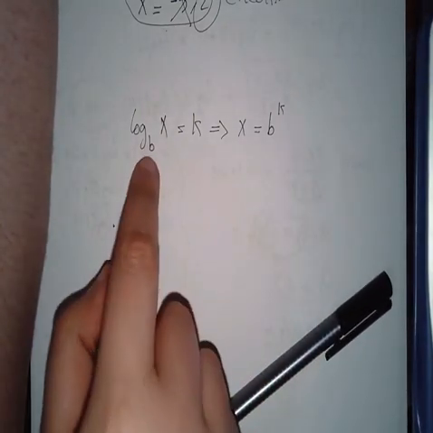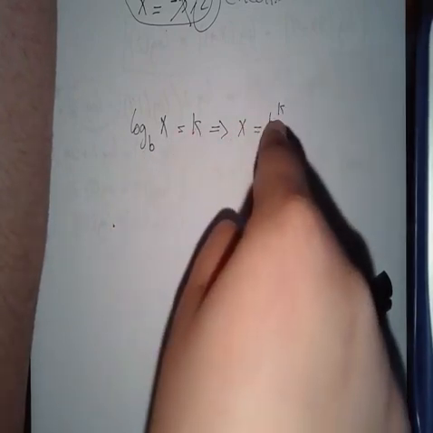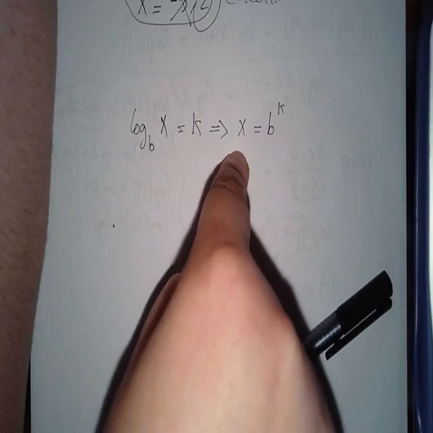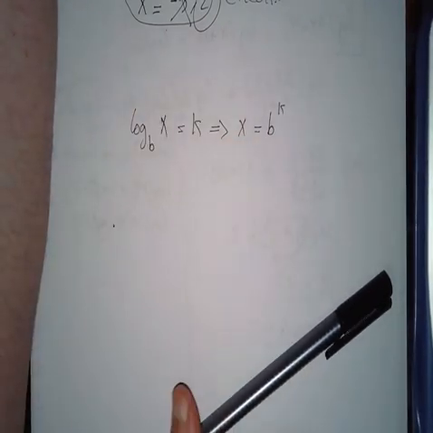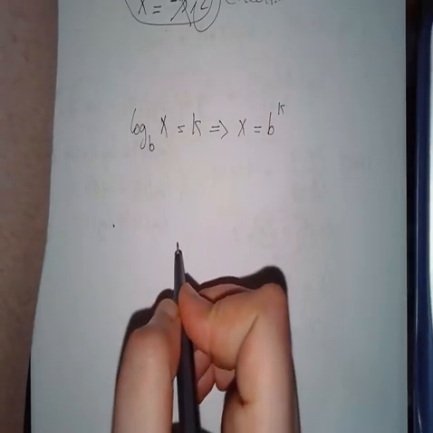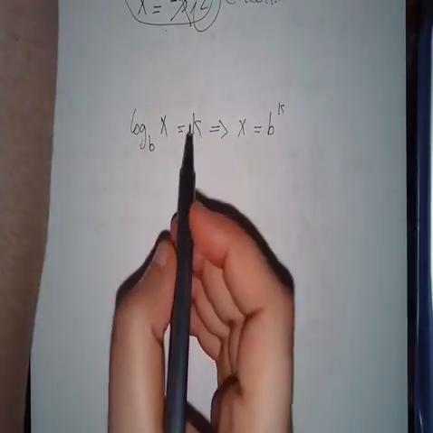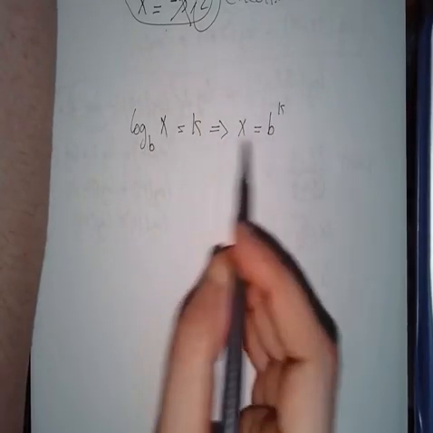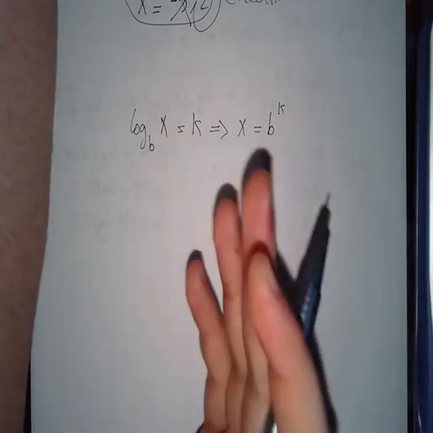Because we said that the base of the log is the base of the exponential, the answer of the log is the power of the exponential, and the inside of the log is the answer to the exponential, right? So we already know the setup. The difference here is I want you to note that I'm using a constant k. It's not just another value, it's not y, it's a constant.